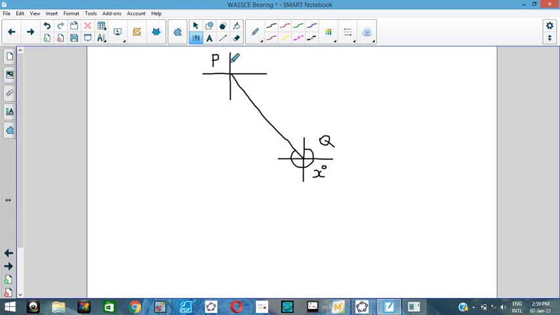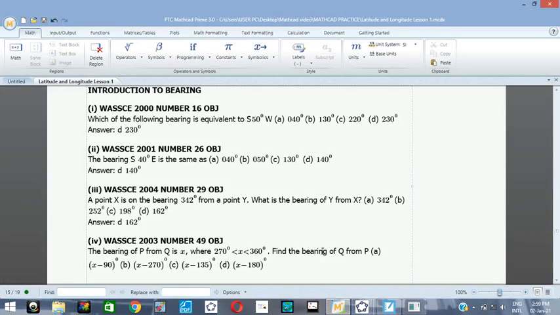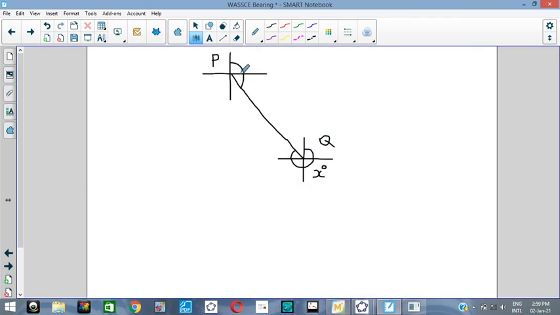From P, when I turn around 90 plus this value here, it is going to give me my bearing from P back to Q. Since this whole angle is X, and this point is 270, X minus 270 will give me this result here.